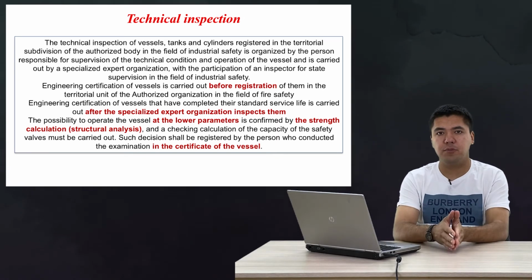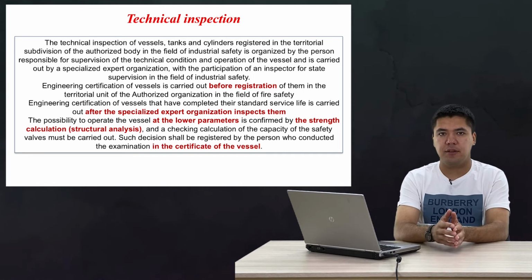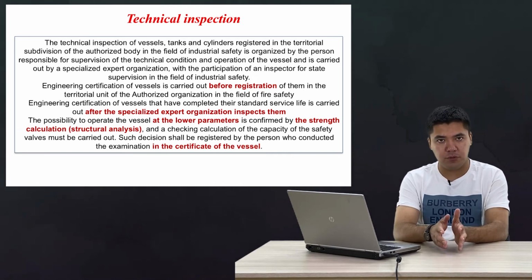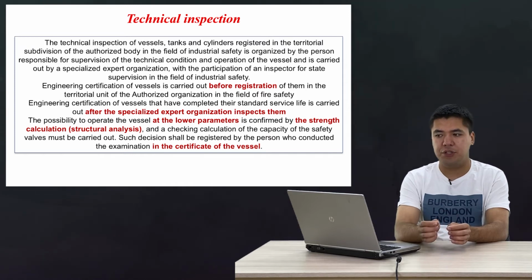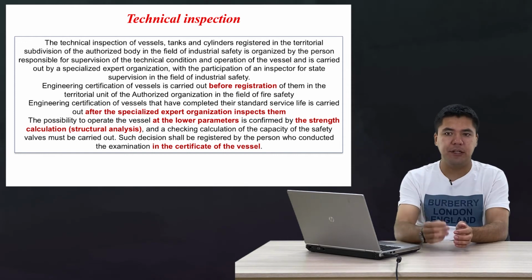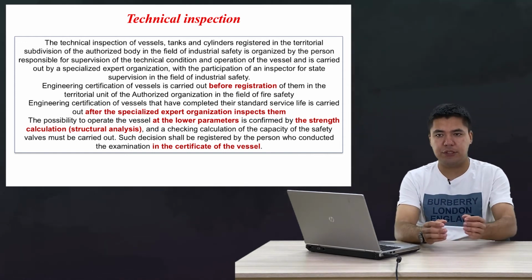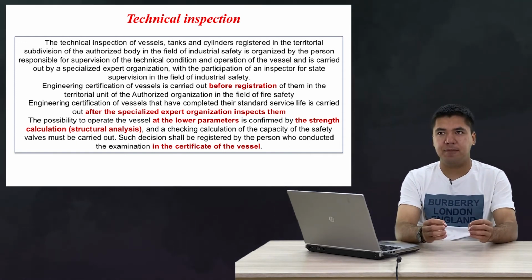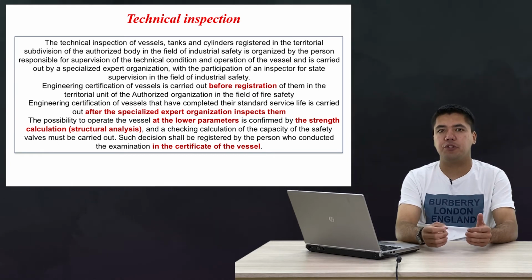And as you remember, we need to register all pressure vessels with the local industrial safety authorities, but also before registering every pressure vessel, we need to provide technical inspection. Actually, we need to know the quality, or let's say the safety conditions, of pressure vessels.